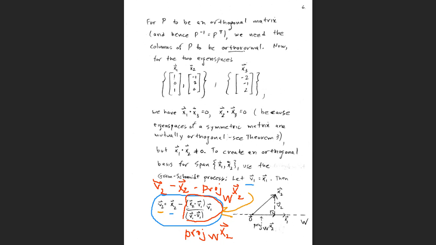I'm trying to find an equivalent basis for that eigenspace, but an orthogonal basis, and that's what I'm doing. So the vector v2 is part of the orthogonal basis. That's right, Mikhail. Okay, here is v2.